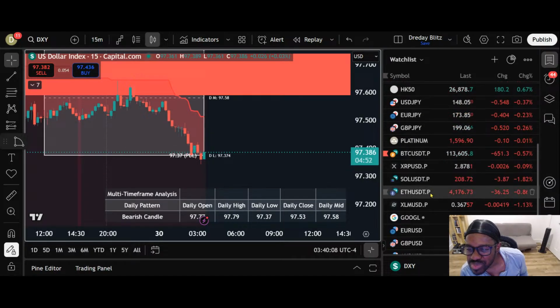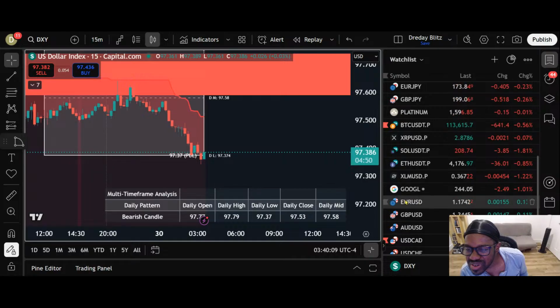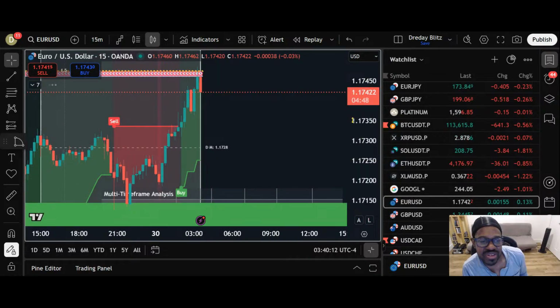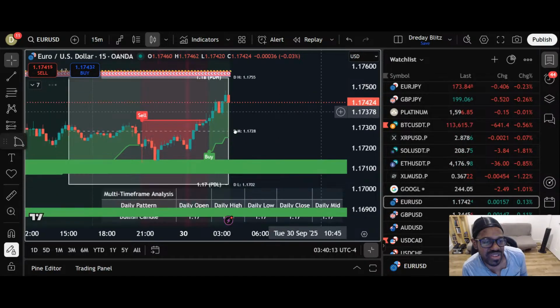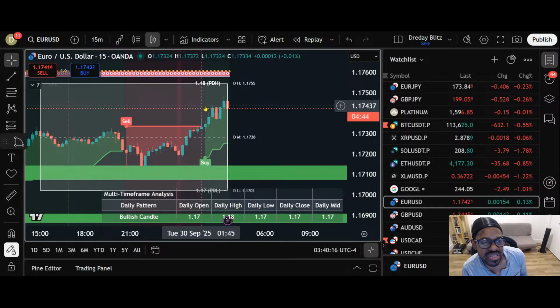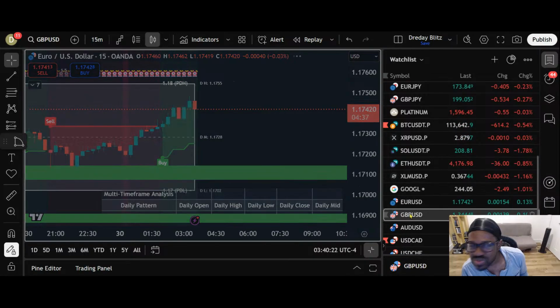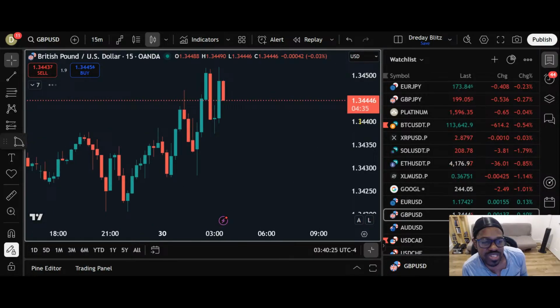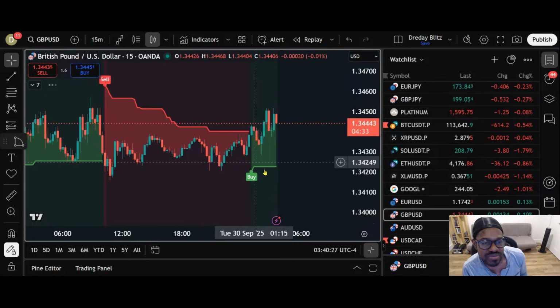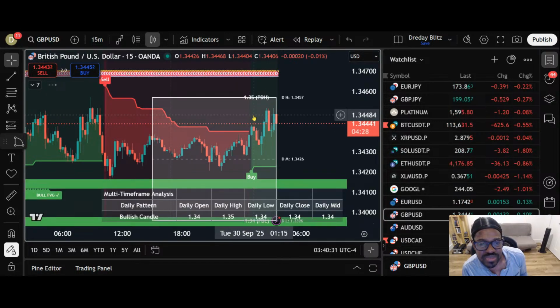So if we pull up Euro USD, there you go. It's a buy. It's bullish since the start of our session, pretty much. And GU was bullish since pretty much the same time.